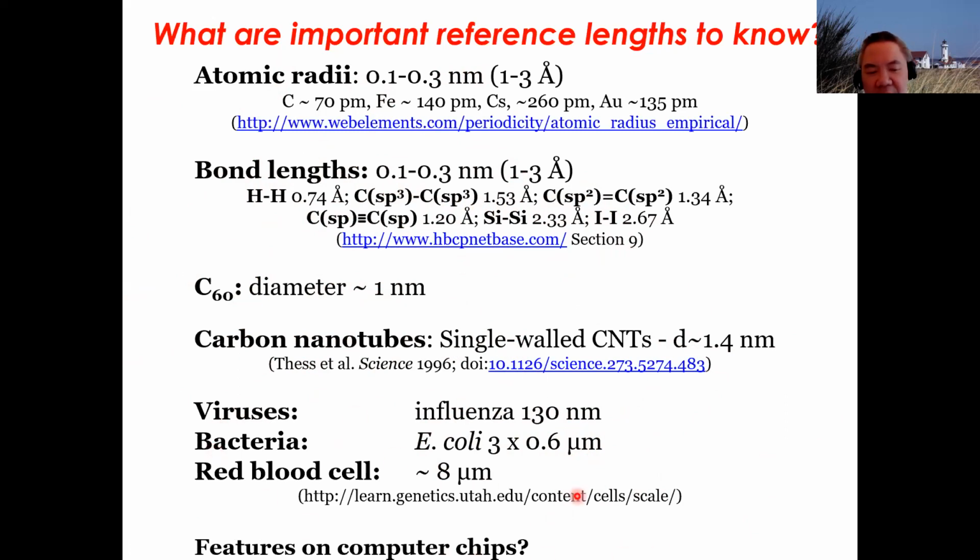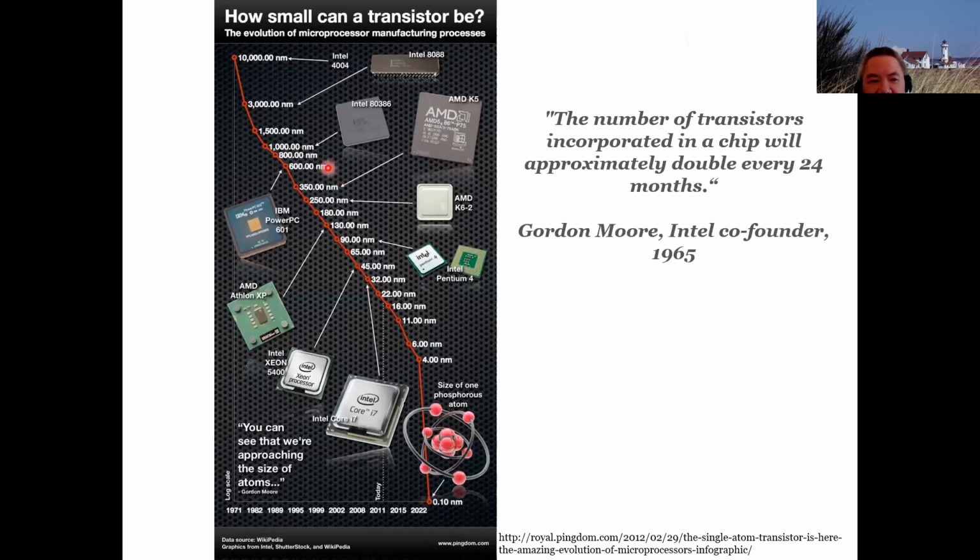And so the idea of scalability is quite crucial. And why do I say that? Because if, for instance, you look at features on a computer chip, when you go from about 10 million nanometers, which is what the sizes of these chips were back in 1971, all the way down to the present day at almost the atom scale, you're spanning a wide range of dimensions.